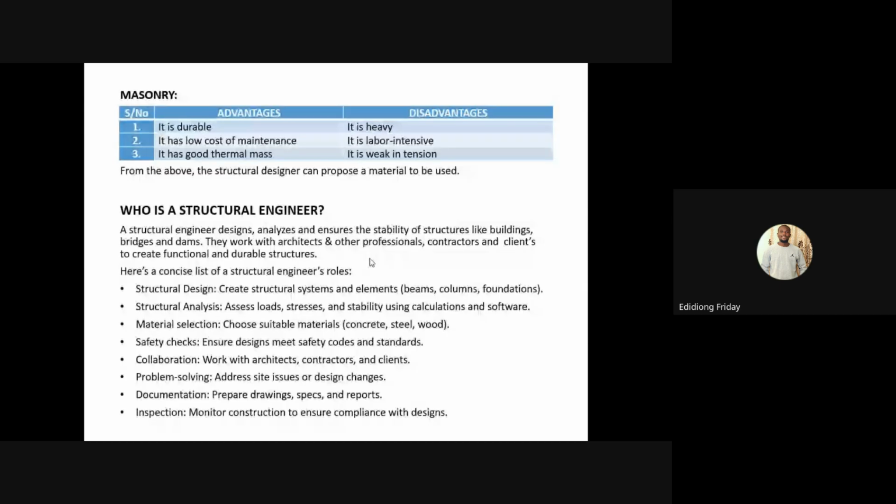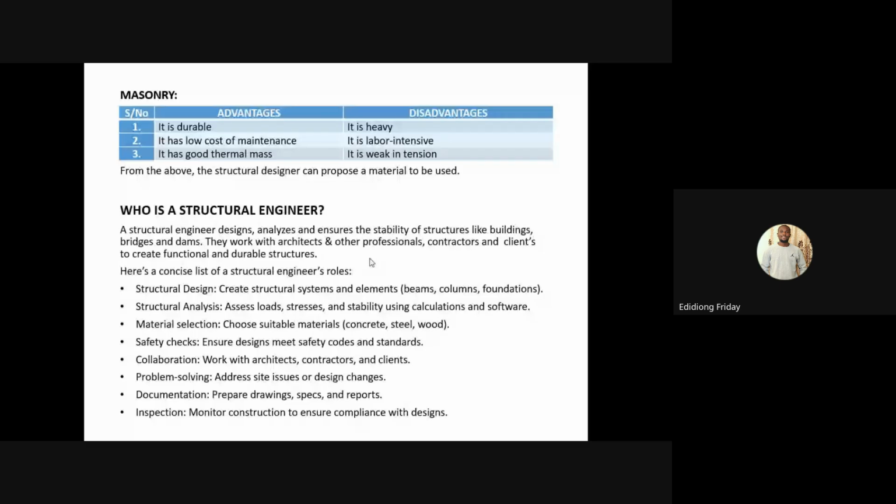A structural engineer doesn't work alone. He works hand in hand when it comes to the building sector, with the architects and other professionals. That's important to note.